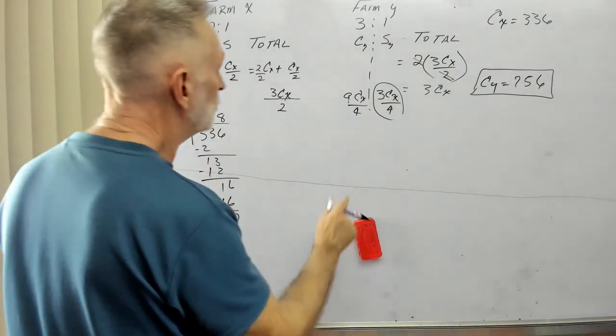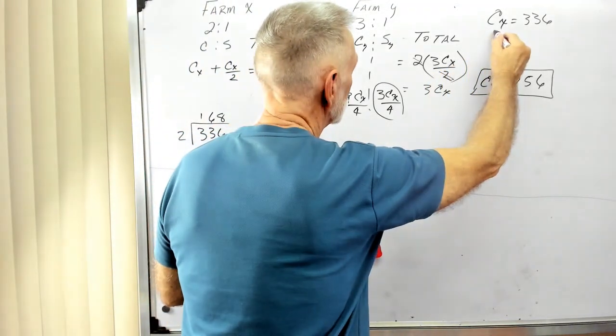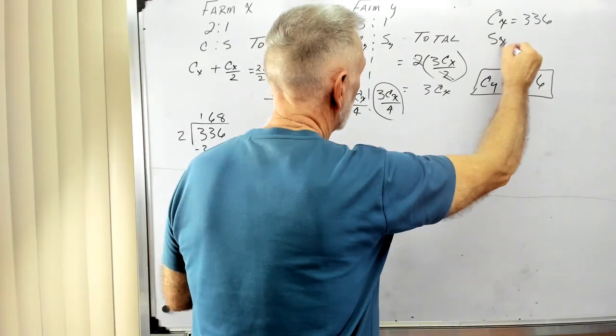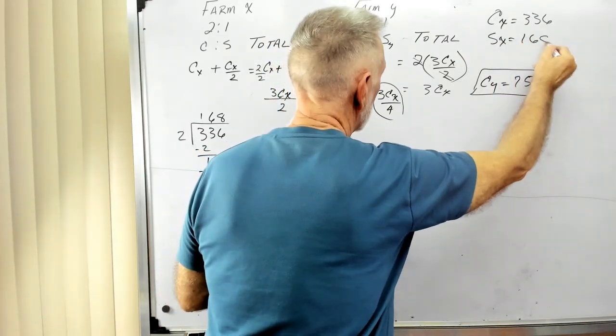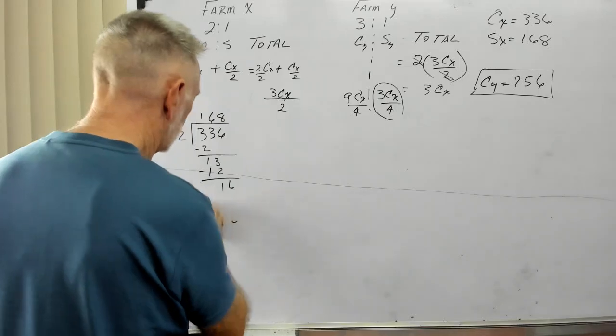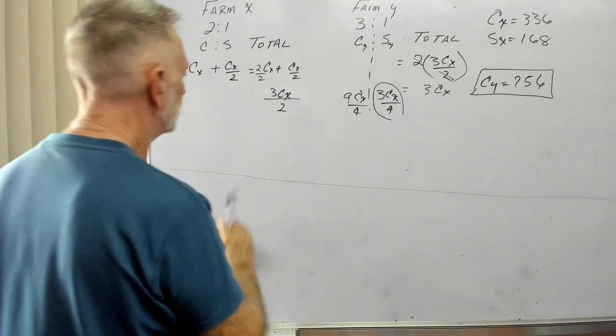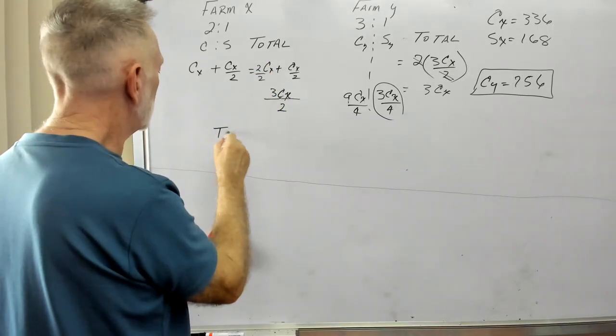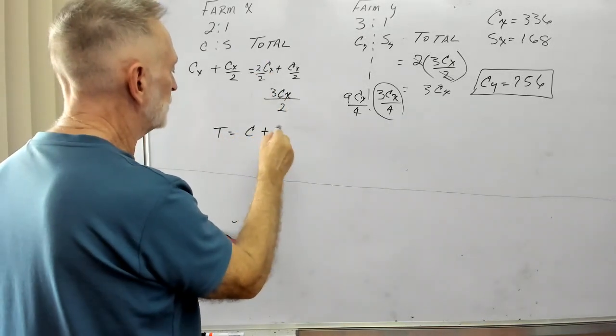All right, so I have 168 sheep on X. So now the total animals I have on X would be the cows plus the sheep, right?